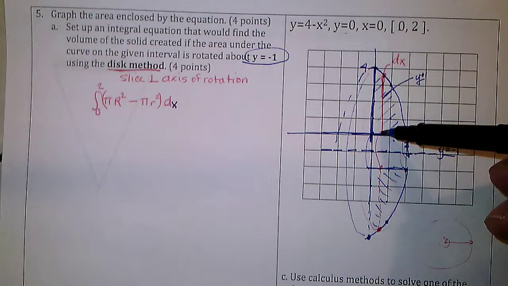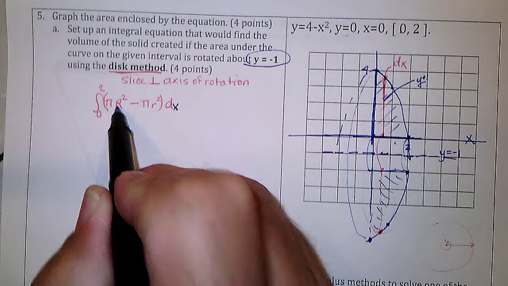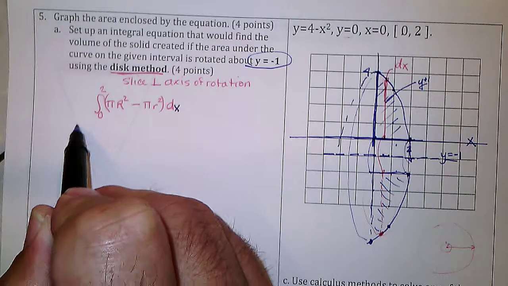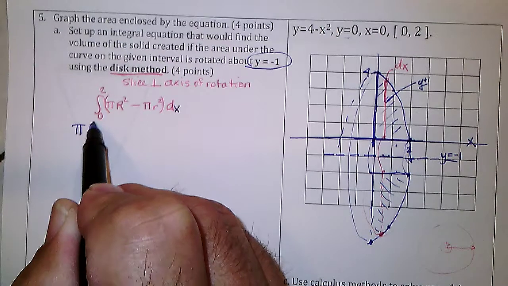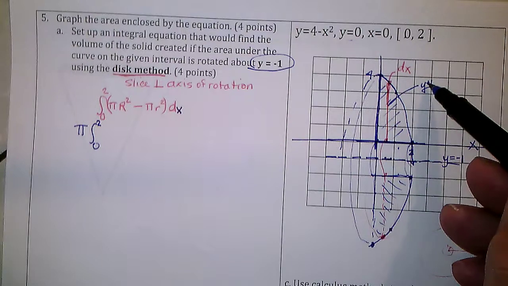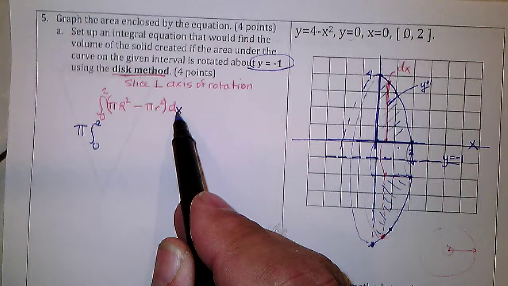Y plus 1 more unit. So that's what my big radius is going to be. Now you notice there's pi in both of these, so I'm going to factor that out. 0 to 2. The big radius is y plus 1, but I need it in terms of x.